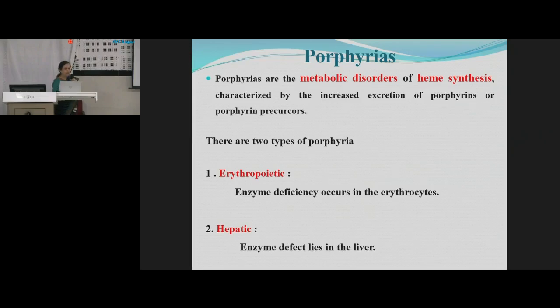And acquired porphyrias are more common than inherited porphyrias. So there are two types of classification. One is erythropoietic and hepatic depending on the site, and other is inherited and acquired depending on the metabolism that is responsible.